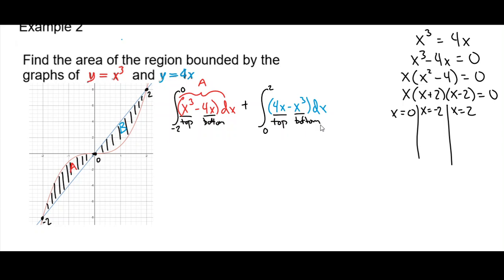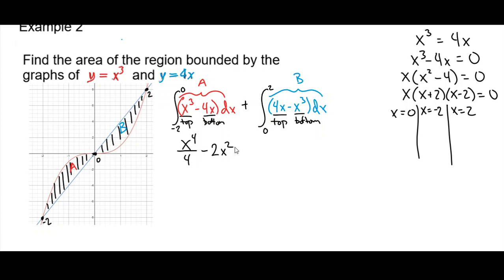Once we figured out how to set it up, now it just becomes a simple integral problem, right? Take the antiderivative and evaluate it at those endpoints. All right, so we have here the integral of x cubed. Using the power rule, this is going to be x to the 4th over 4 minus the antiderivative of 4x, which is 2x squared, right?